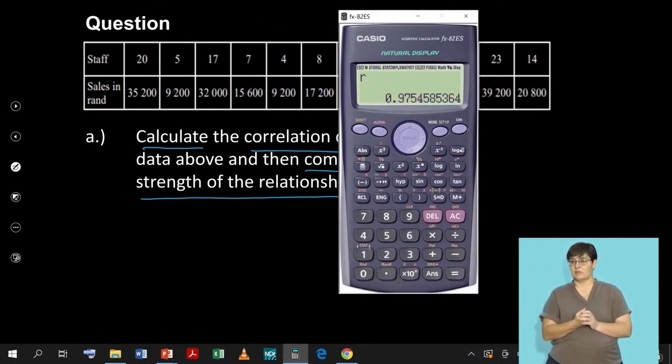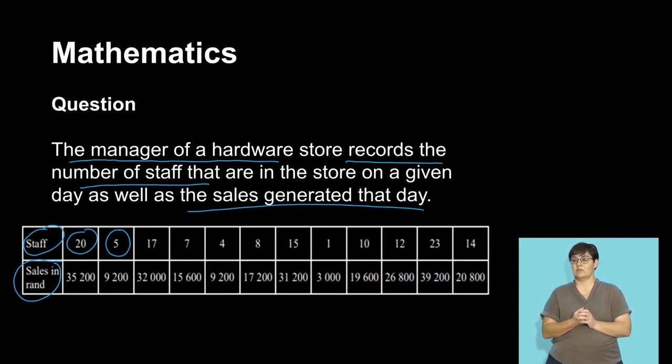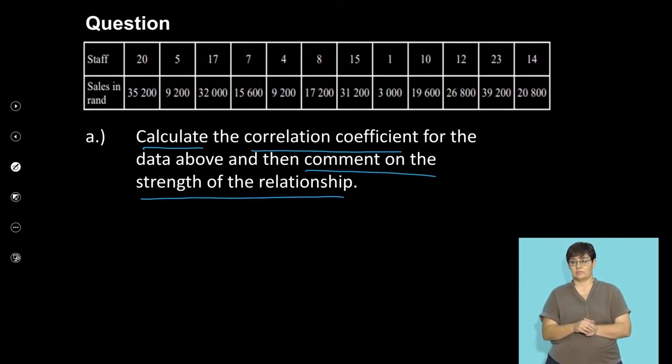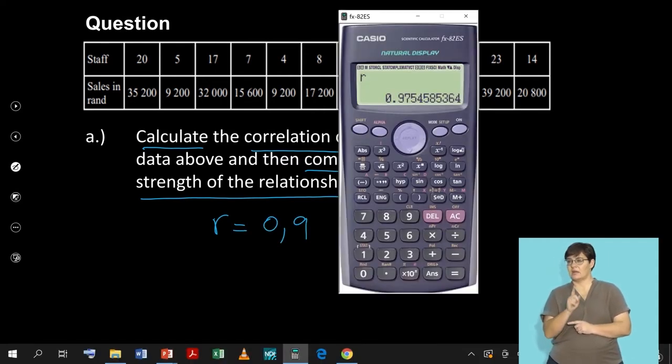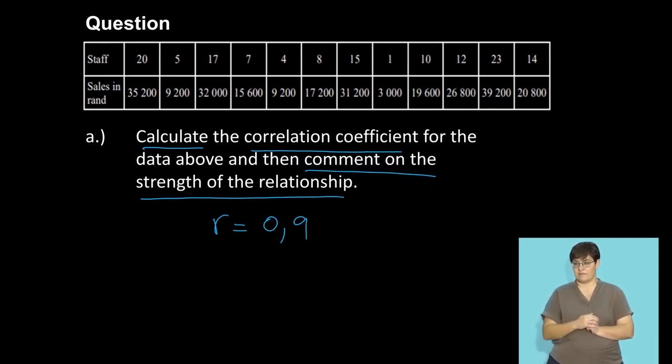If R is, let's go back there. R is 0.975. That's the correlation.